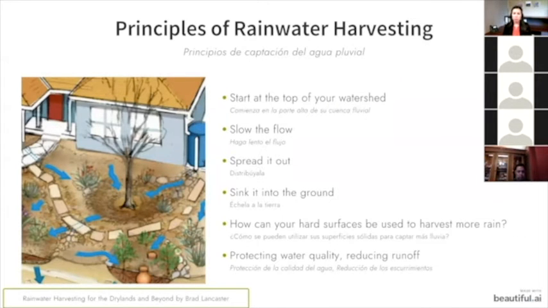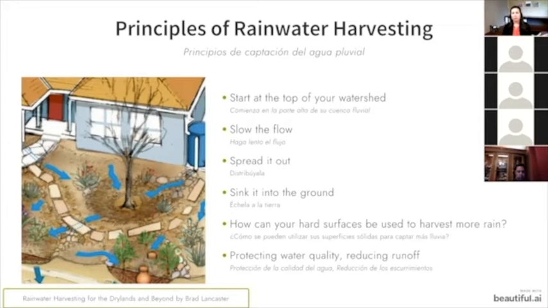Rain gardens are also a principle of rainwater harvesting. And so some of these principles, just very quickly, are by Brad Lancaster in his book, Rainwater Harvesting for the Drylands and Beyond. He is an expert, has been doing a lot of work in rainwater harvesting in the Arizona area. So the principles of rainwater harvesting are: start at the top of your watershed.